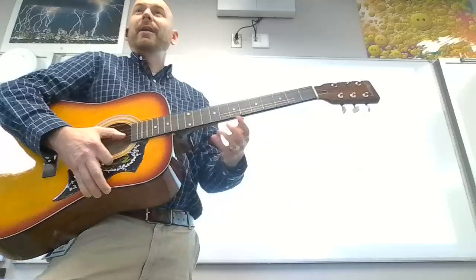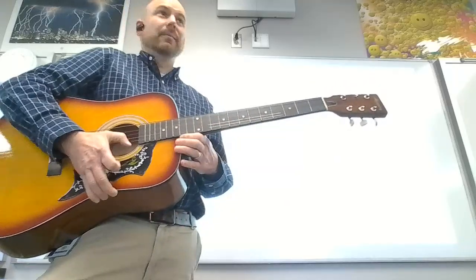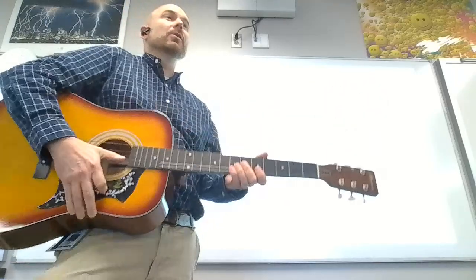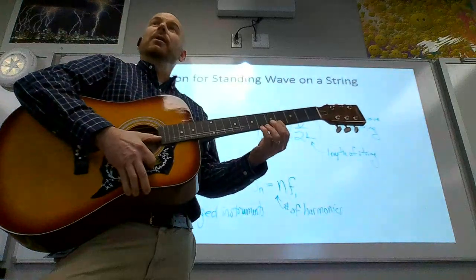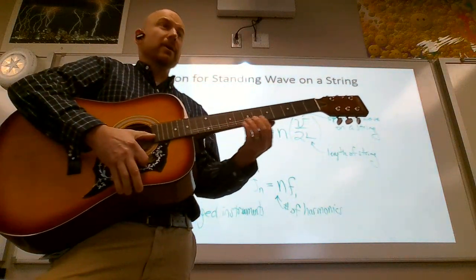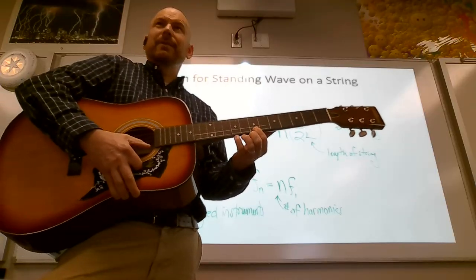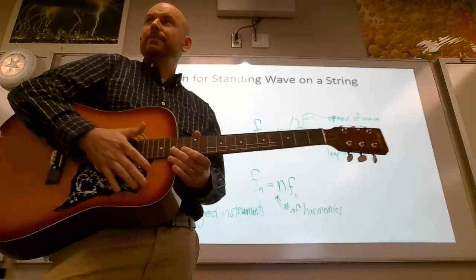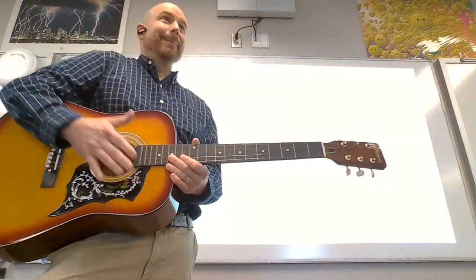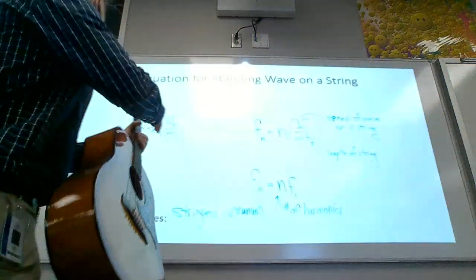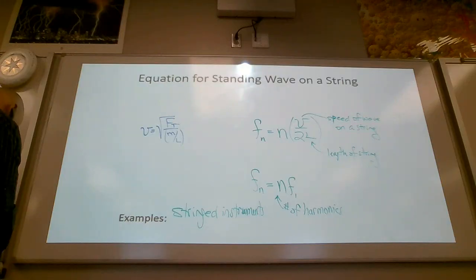As you go higher and higher, it gets harder and harder. But you can tune your guitar using this trick of harmonics relative to each other. I think it's like the 3rd and the 5th harmonic or something like that. Good with that? Okay, so, stringed instruments.